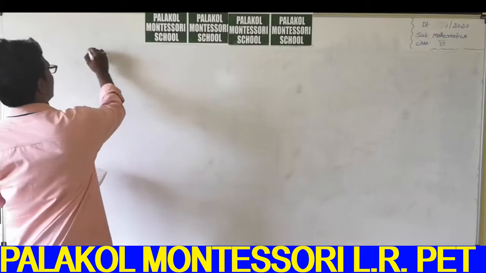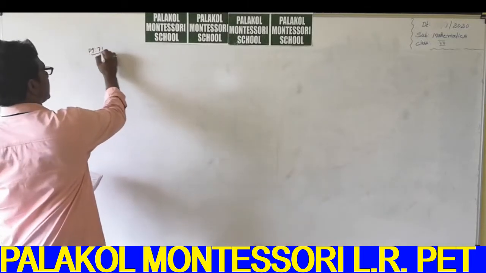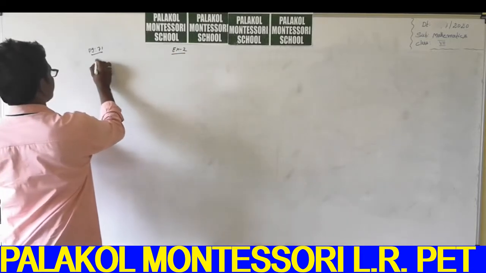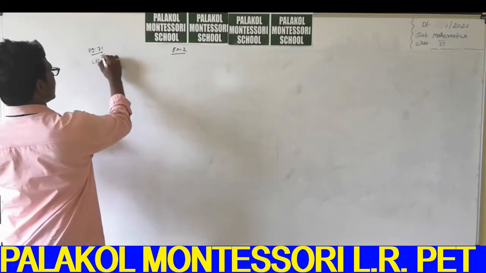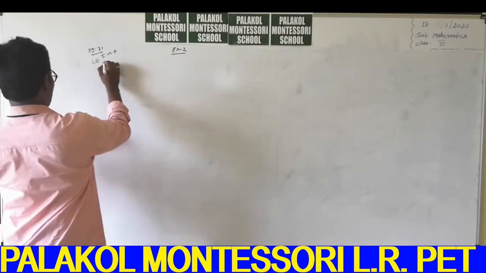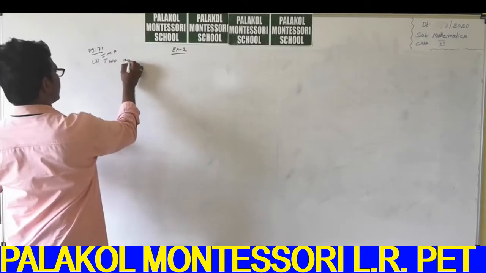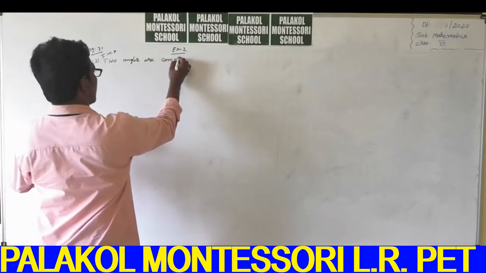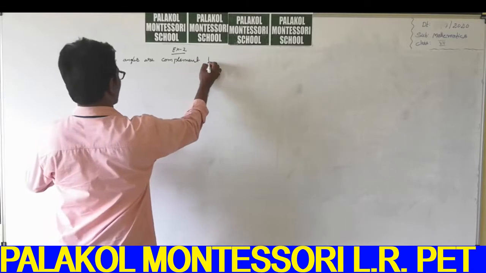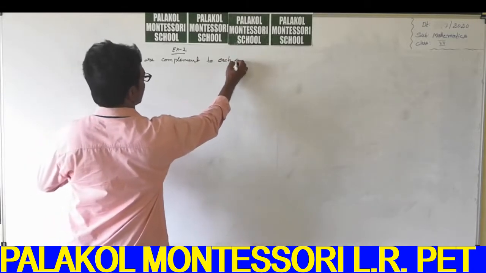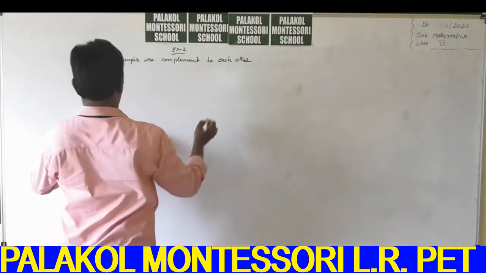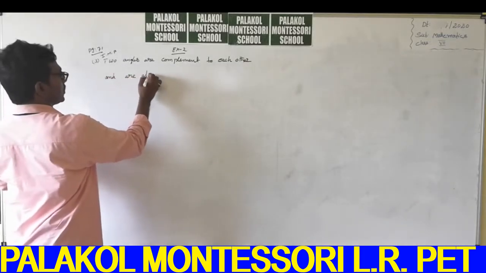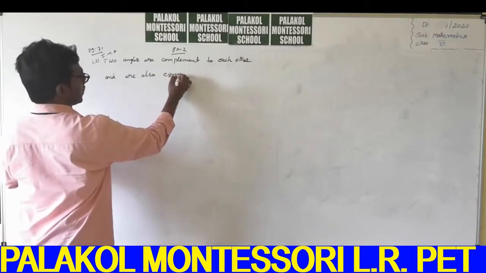Page number 71, exercise 2, third question. Important question, IMP. Two angles are complementary to each other and are also equal.